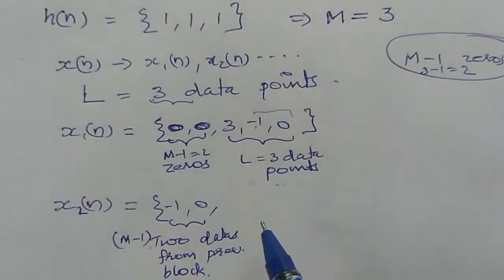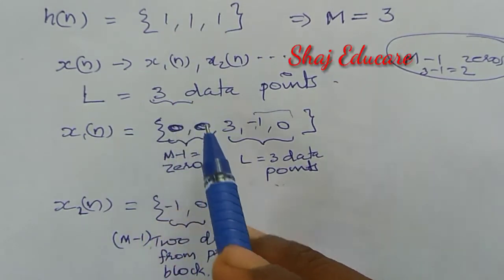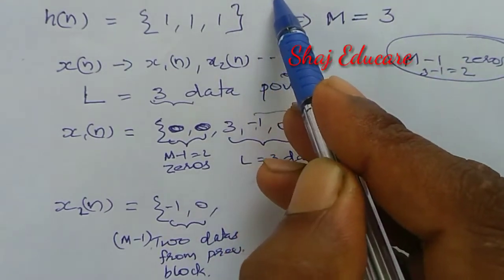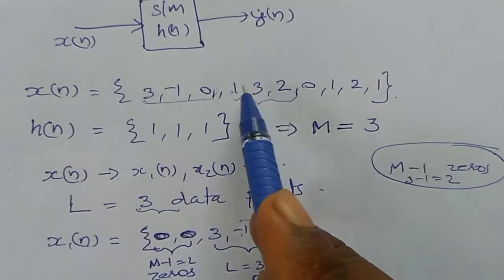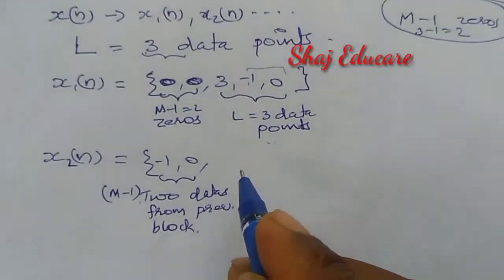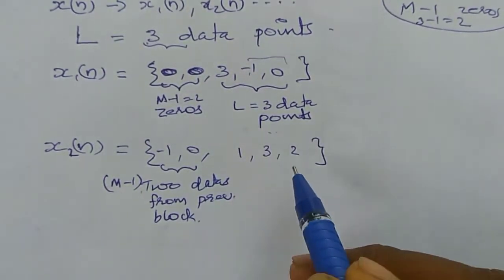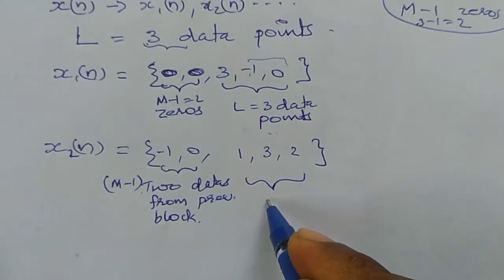Next, again the number of data points is 3, as we set, so we have to take the next 3 data from the given x of n. The next 3 data are 1, 3 and 2. These are the next 3 new data points.